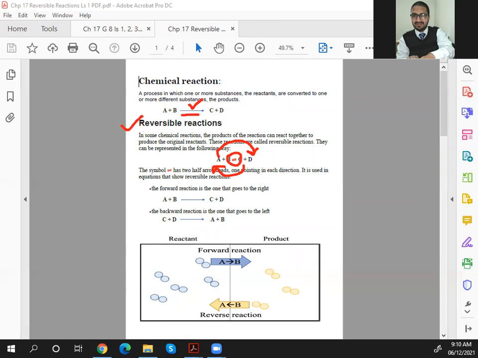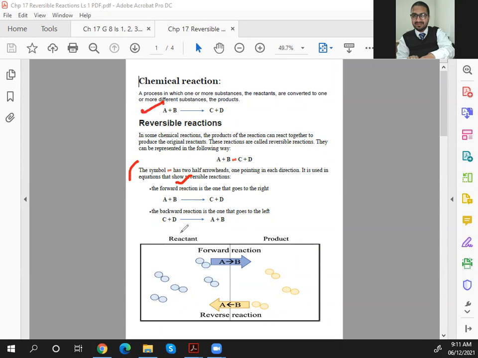Now let's see the next part of this lesson. The symbol has two half arrows, with the arrowheads pointing in each direction. It is used in equations that show reversible reactions. The forward reaction is where you get A plus B like this.